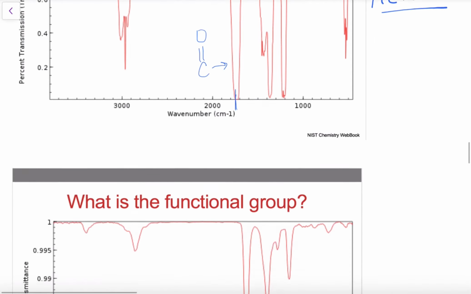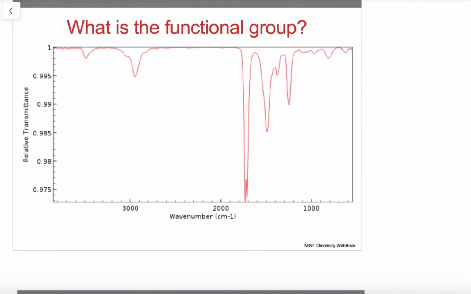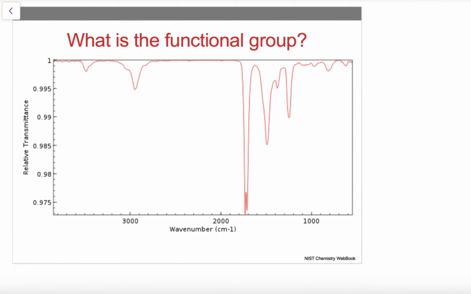All right, let's look at another one. What stands out on this spectrum? Well, on this spectrum, we have a huge peak again around the 1720 mark, so we have a carbonyl.